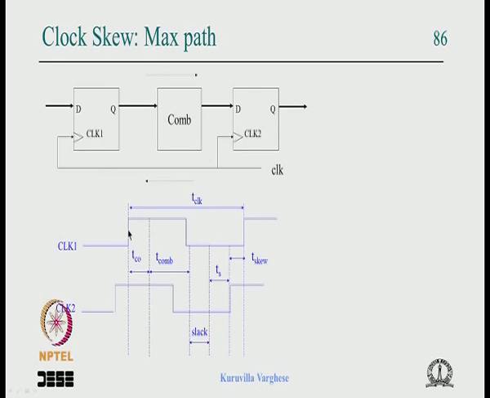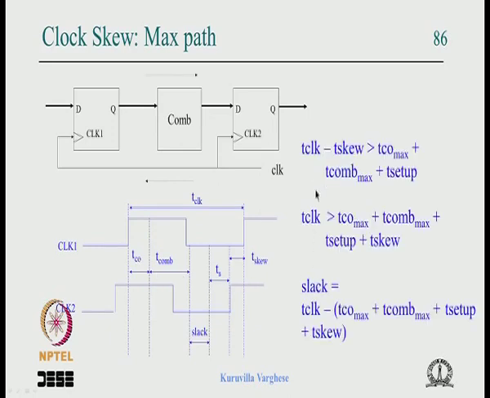So clock 2 comes early relative to clock 1, so the timing analysis is from this clock edge to this particular clock edge here. The time from this clock edge to this clock edge is T clock, the period, minus T skew. Now that has to accommodate TCO plus Tcom plus T setup.